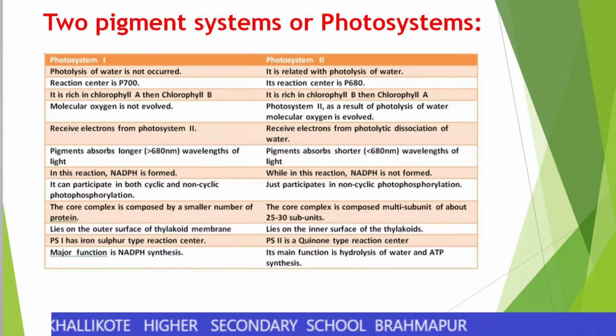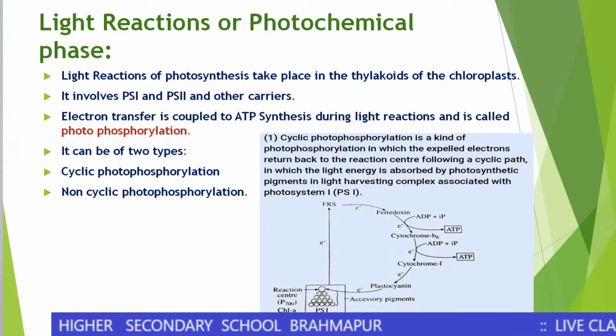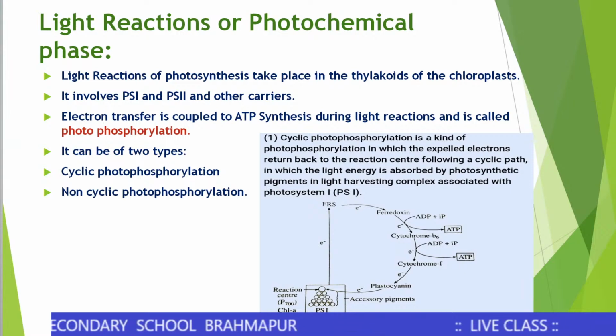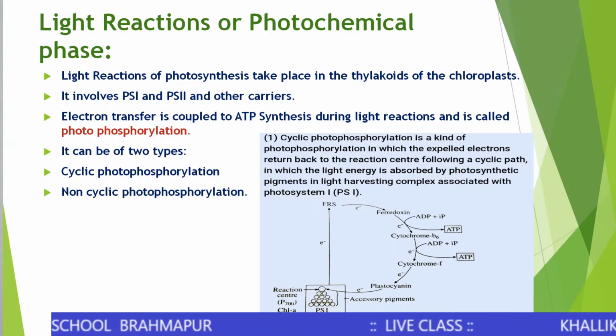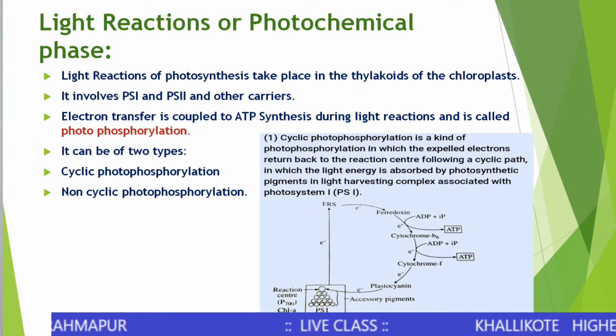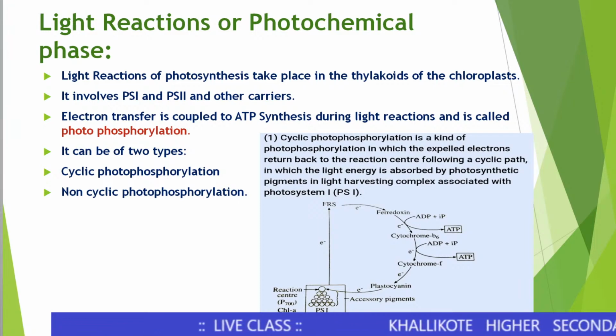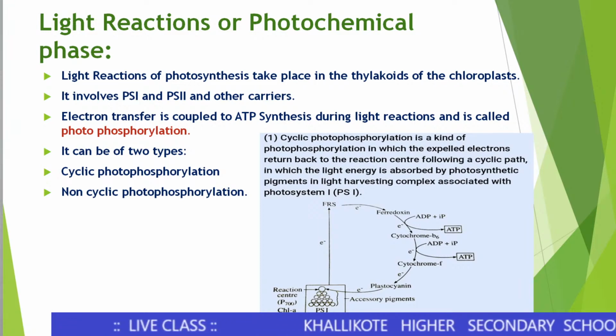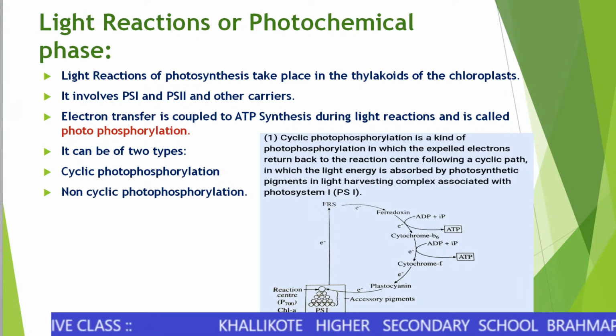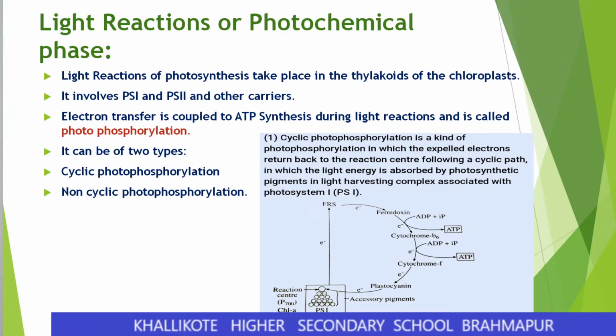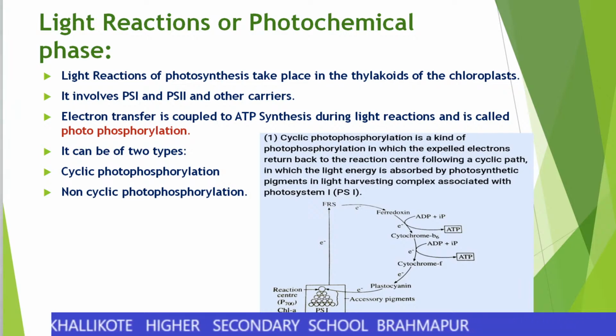Coming to the mechanism of photosynthesis, photosynthesis as a physiological process is completed in two phases. One is called the light reaction, or the photochemical phase, that is the light dependent phase of photosynthesis.